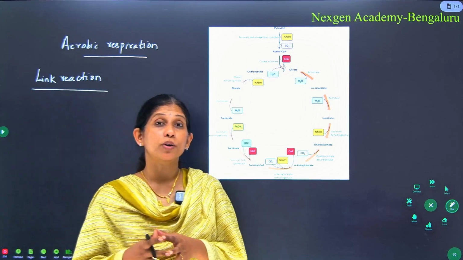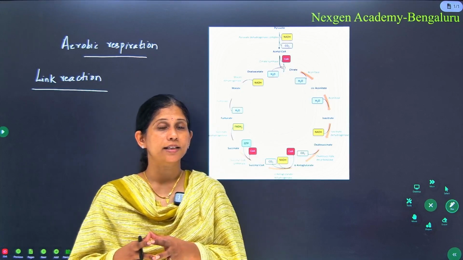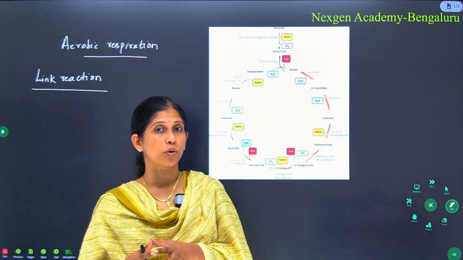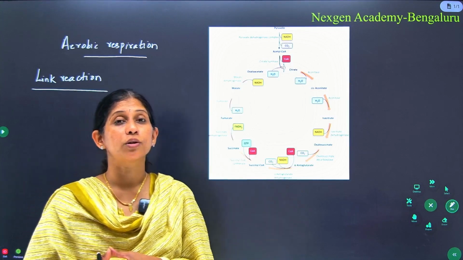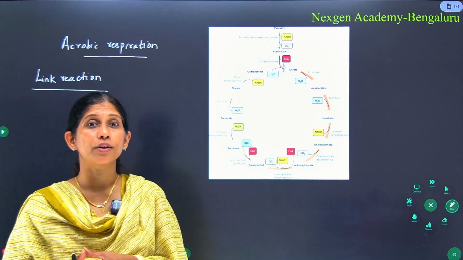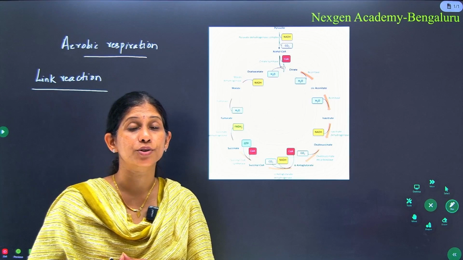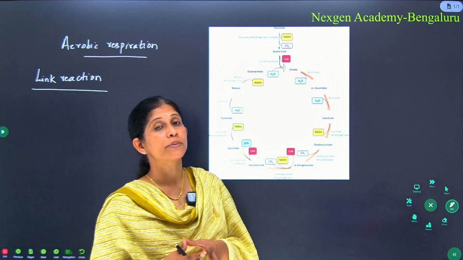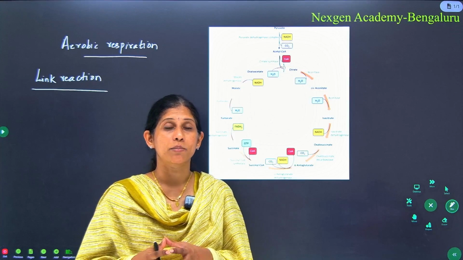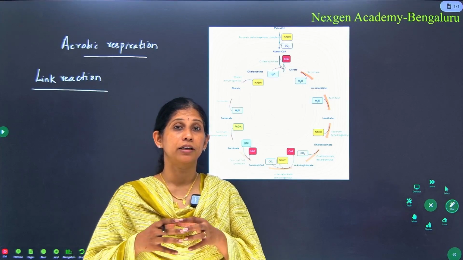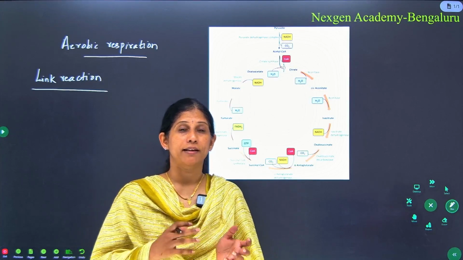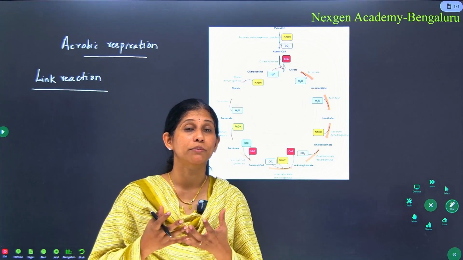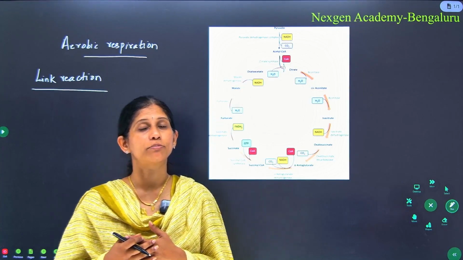But what about the prokaryotic cell? Prokaryotic cells can be aerobic or anaerobic. If a prokaryote is aerobic, we know that they don't have mitochondria. So how do they undergo the subsequent reactions of aerobic respiration? These reactions occur in the cytoplasm as well as on the plasma membrane, because activities like the electron transport system are part of their mesosome, and the mesosome is part of the plasma membrane.